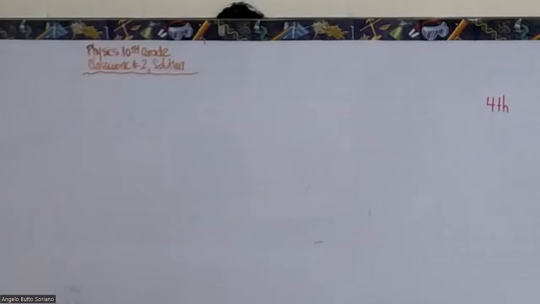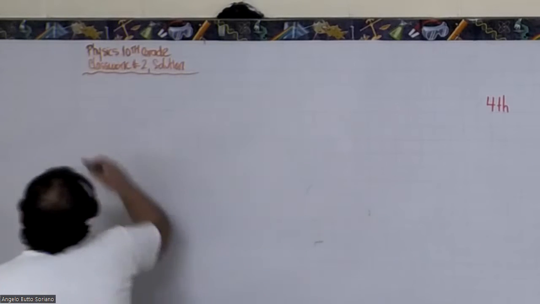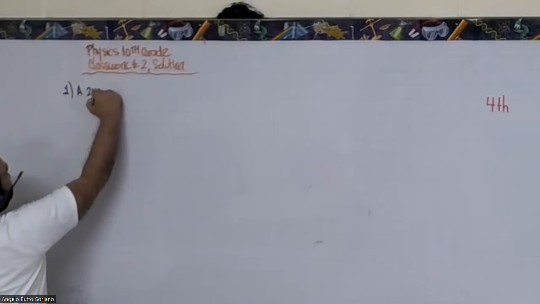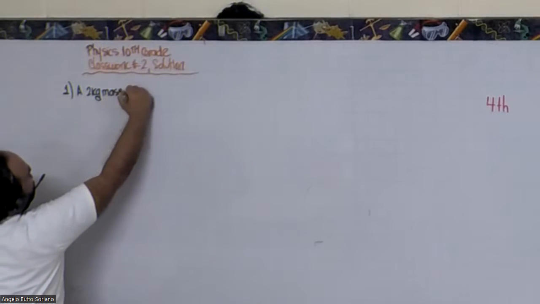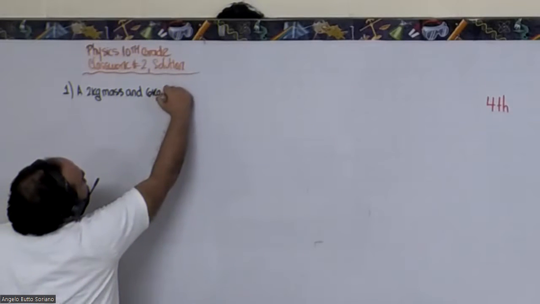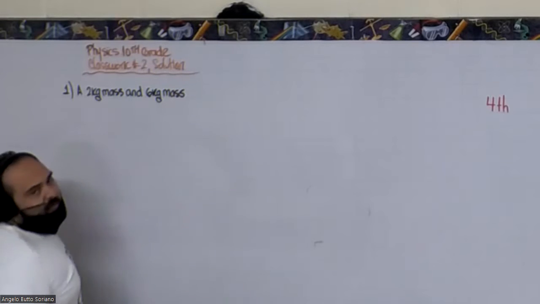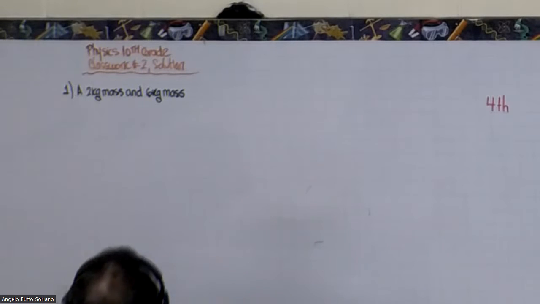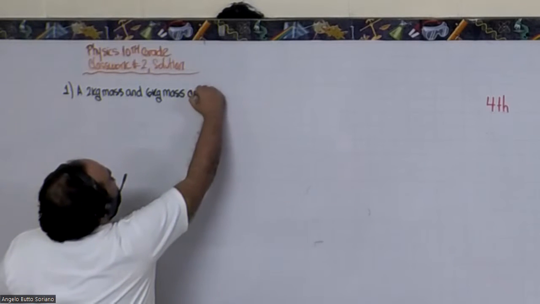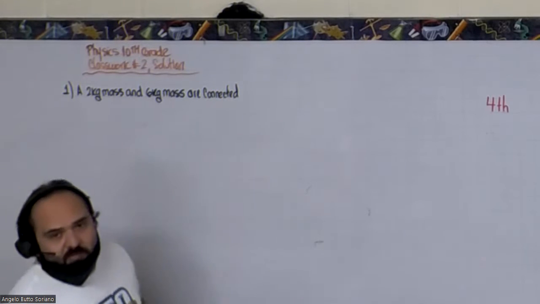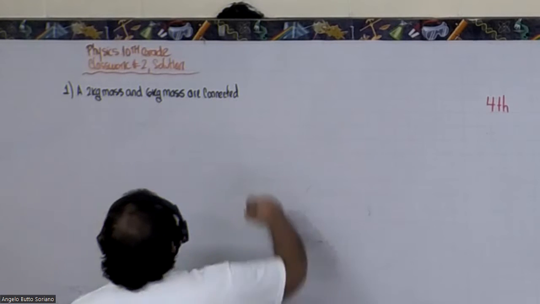Okay. The first problem, problem number 1, says a 2 kilograms mass and a 6 kilograms mass are connected by a light 30 centimeters bar.